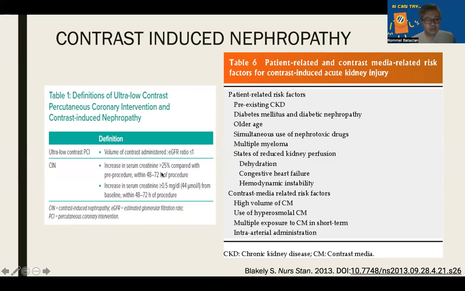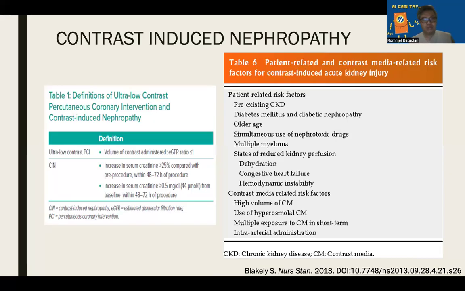So the definition is more or less the same with the cutoff value of the staging of acute kidney injury. Some would define it as an increase in serum creatinine of more than 25%. So for example, a baseline of 1 milligram per deciliter becoming 1.3, which is about a 30% increase.